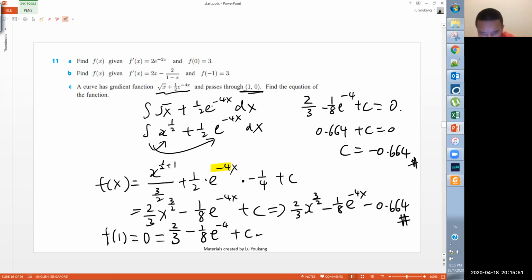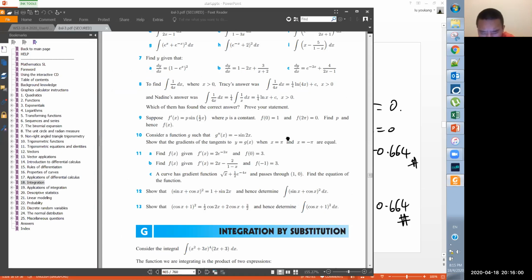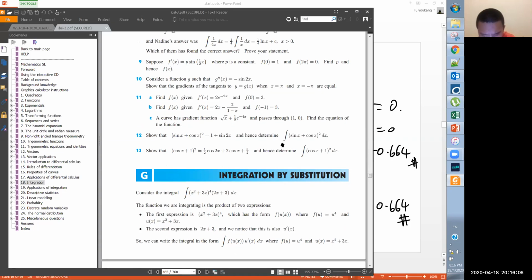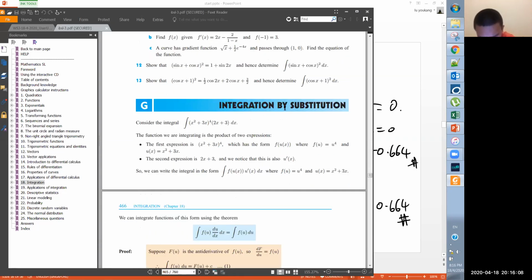All right. Good. So let's move on. Over here it says show. This is okay. Over here it says integration by substitution.